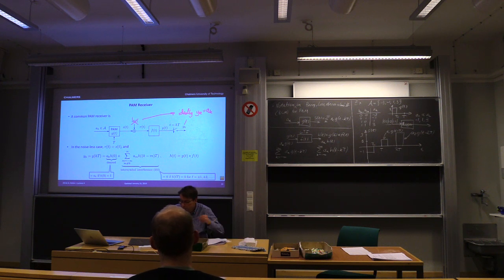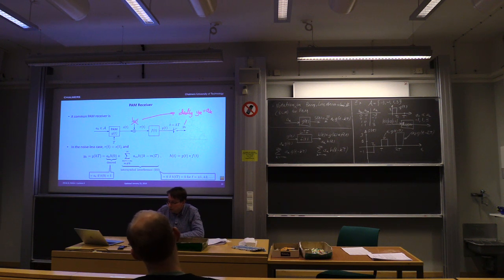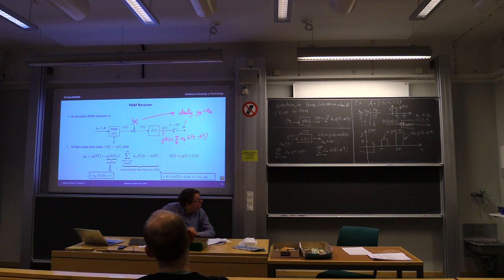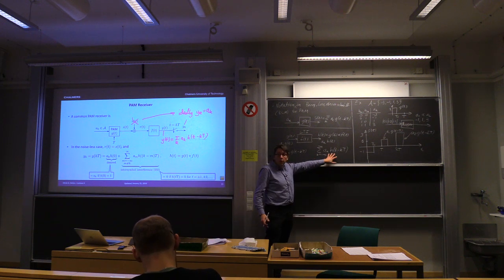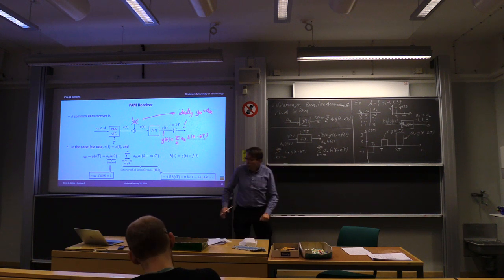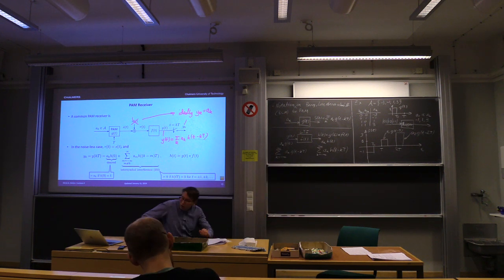How to do this is essentially to look at y of t here. So what do we know about y of t? We know that y of t is the sum over k of a_k h of t minus kT. This is what we have seen here, right? And then there is some noise also, like this.